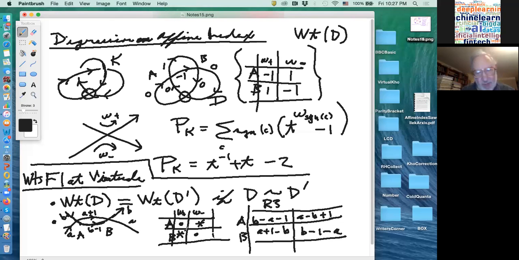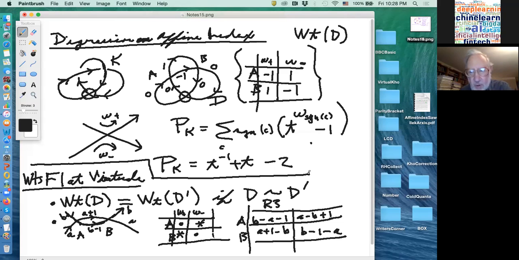So you get two new weights, and they are opposites to one another. That's what happens under a Reidemeister 2 move. And under a Reidemeister 1 move, you get 0 weights. So the 0 weights can be ignored. We just won't bother with them, okay? So then we have that the weight is invariant under the third Reidemeister move, and under the second Reidemeister move it changes in this way.